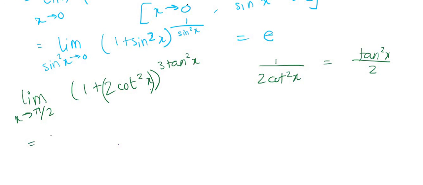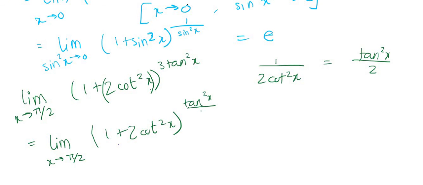So I'm going to do some multiplications and divisions on top. X tends to pi by 2, 1 plus 2 cot squared x raised to tan squared x by 2, and as I said, we need multiplication and division. The original 3 times 2, so essentially we've only multiplied and divided by 2, and now this thing is just e.